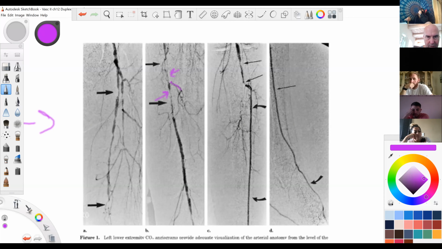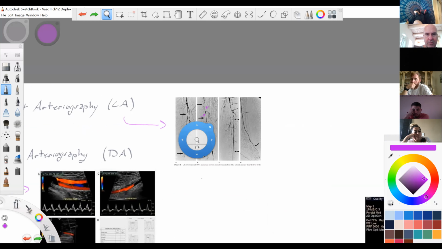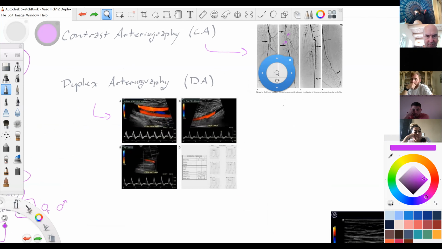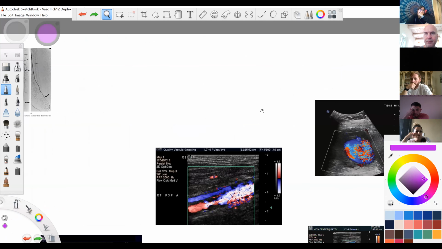Perhaps even maybe a collateral doing that. Anyway, you get the idea. Arterial ram, and then there's ours. Let's see. That's pretty standard there.